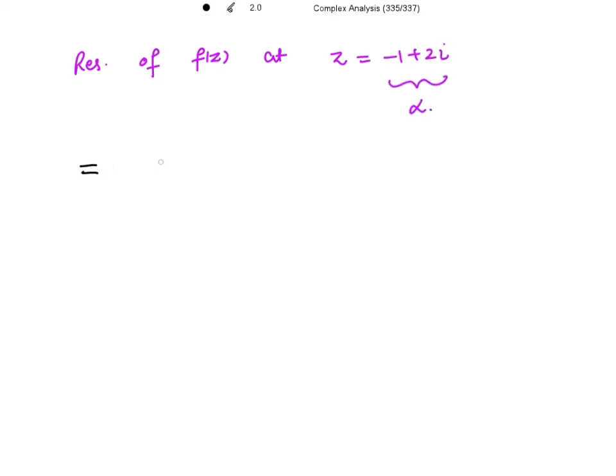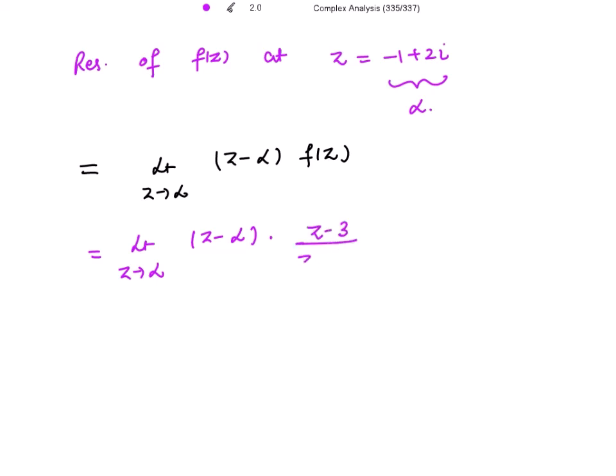So the formula is limit z tending to alpha, z minus alpha times f(z). So this is limit z tending to alpha, z minus alpha, writing f(z), that is z minus 3 divided by z squared plus 2z plus 5. So when I put this limit z equal to alpha, I get the 0 by 0 form.